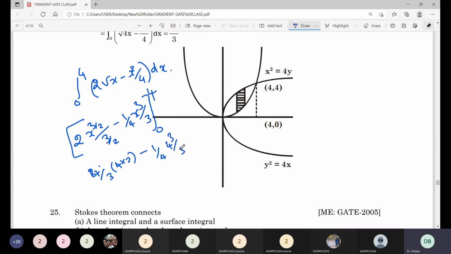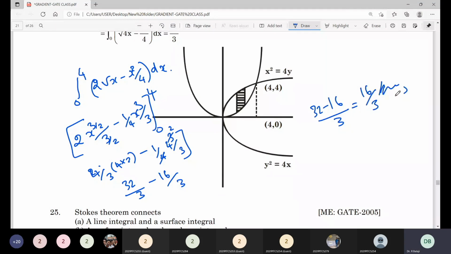That is 4 into 4, 16, 16 into 4 is 32 by 3, minus 16 by 3, which is 32 minus 16 divided by 3. So 16 by 3 is the correct answer.